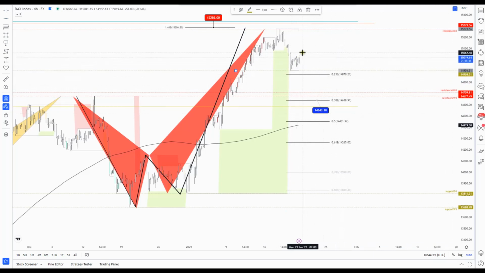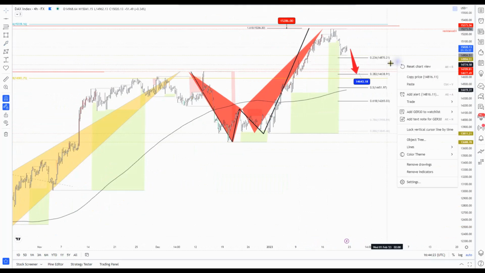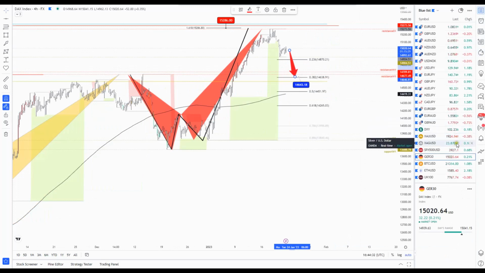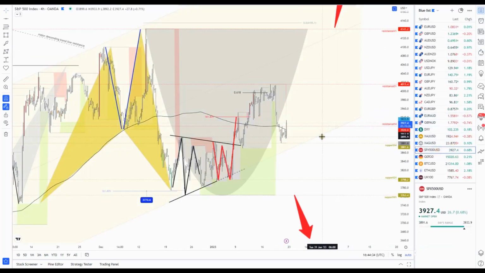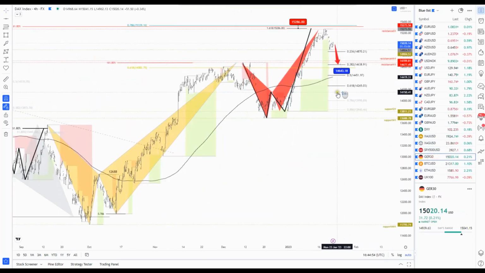So I need to see the German DAX trading at least to a 38% Fibonacci retracement, and that guides me into a question, because for this pullback to happen on the DAX, there are only two things that may happen on the SPX 500. The SPX 500 will follow, and probably a breakout of this ascending channel will happen, forcing the price to break below, or it will start to move sideways while the DAX trades lower.